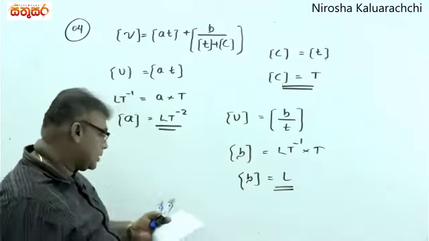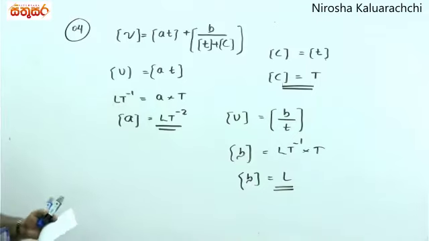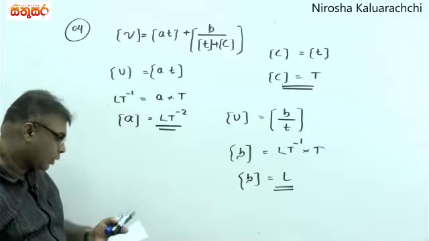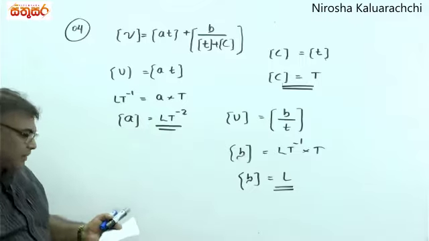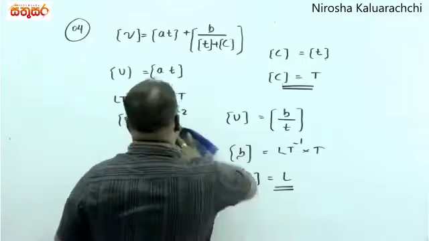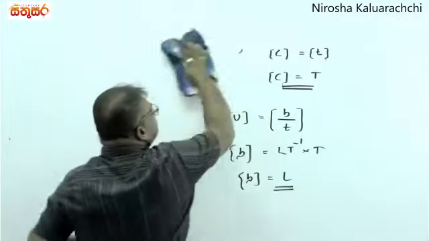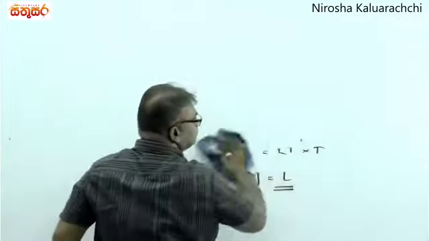Question number 5. Which of the following quantities have the same dimensions, similar dimensions, quantities to be identified, right? Okay. Can we manage one by one? What are the similar ones there?